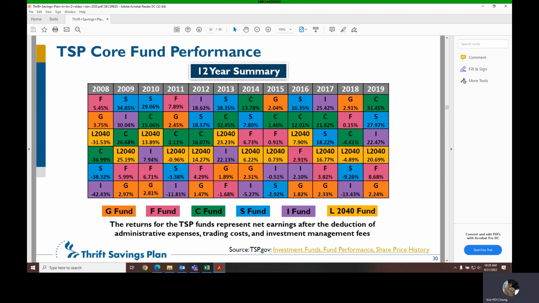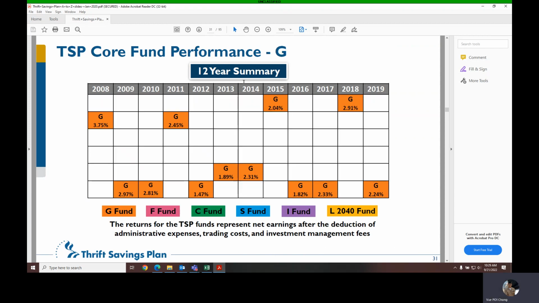So in the 12-year summary, you'll see what is overperforming and underperforming of those years. So in the G fund, in the 12 years, the max it's ever performed is 3%. So it's only gained 3% in 2008 above what it started.